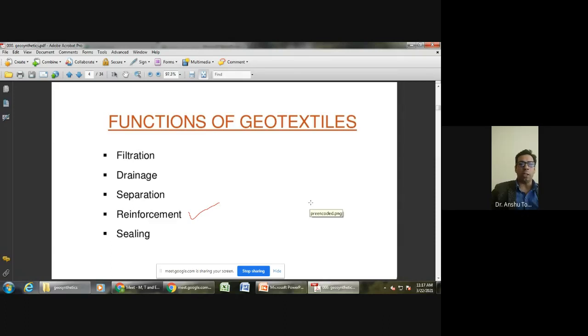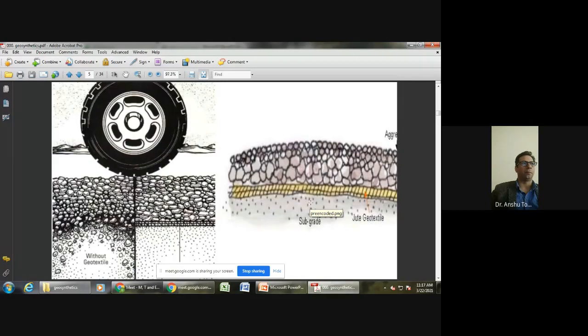where we have to stabilize the soil conditions. So it works as a reinforcement to stabilize the soil conditions, to increase the bearing capacity of the soil in uniaxial compression.